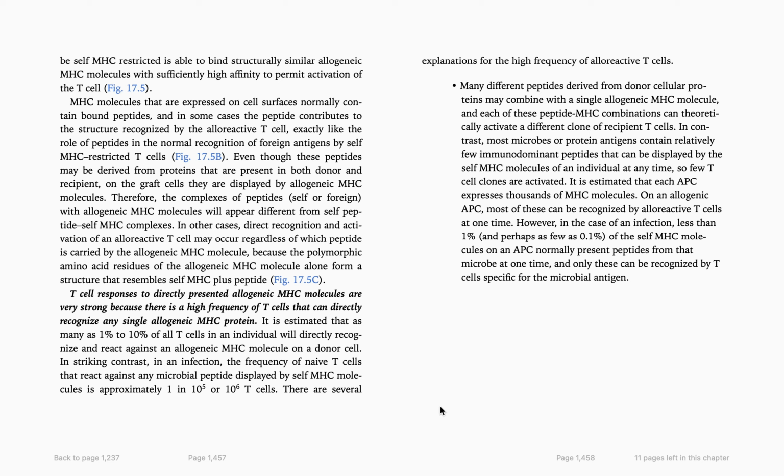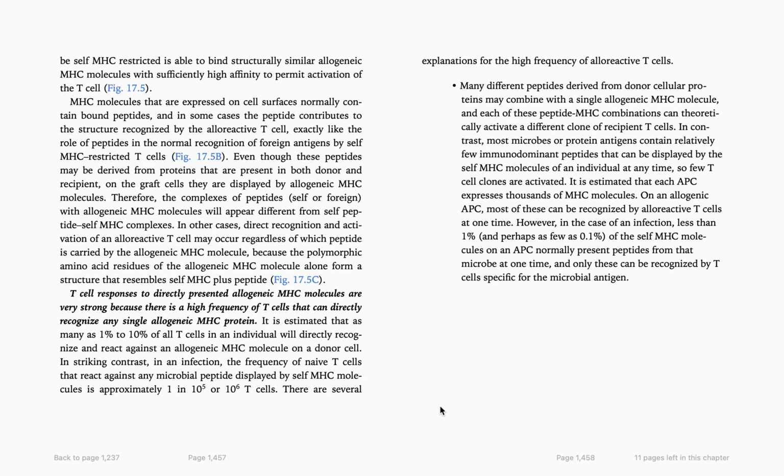There are several explanations for the high frequency of alloreactive T cells. Many different peptides derived from donor cellular proteins may combine with a single allogenic MHC molecule, and each of these peptide-MHC combinations can theoretically activate a different clone of recipient T cells. In contrast, most microbes or protein antigens contain relatively few immunodominant peptides that can be displayed by the self-MHC molecules of an individual at any time, so few T cell clones are activated.